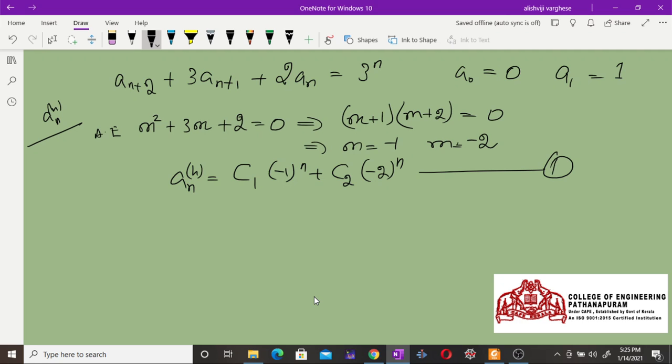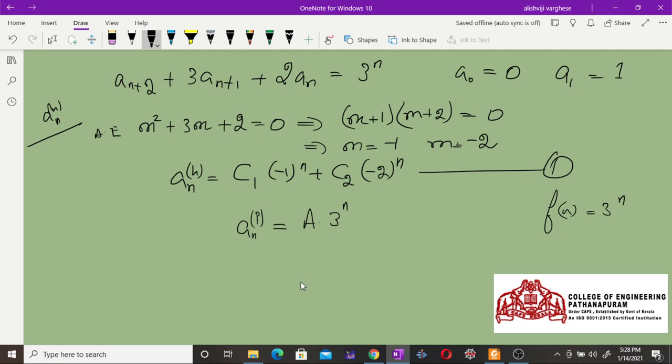To find out the particular solution, we take the trial solution of the form, here f of n is equal to 3 to the power n. f of n is of the form 3 to the power n, and therefore the trial solution is of the form a_n particular is equal to some constant into 3 to the power n.